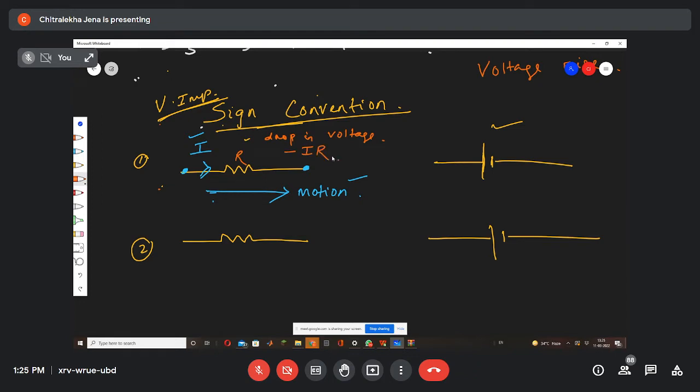Am I clear to all of you? Yes, ma'am. You take a drop in voltage when the motion is in the same direction as the current. Suppose you are traveling opposite to the direction of the current, then there is a rise in potential or voltage, and you have to take plus IR.